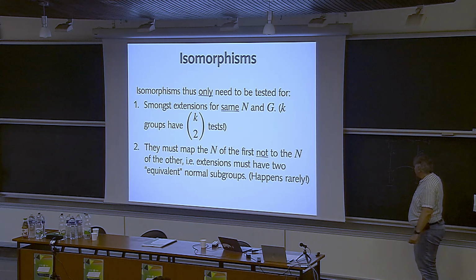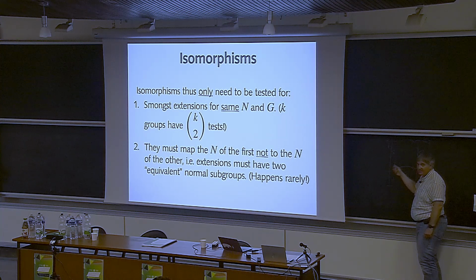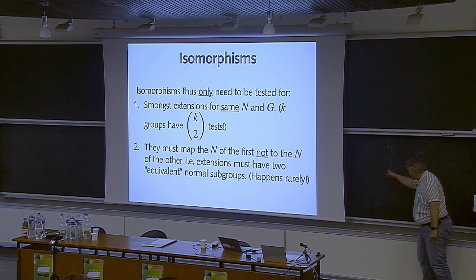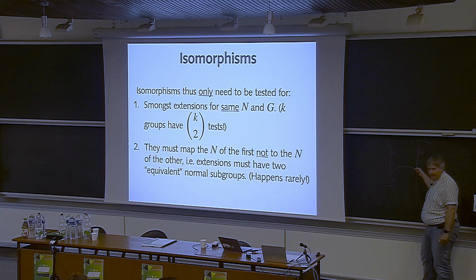So we only need to consider isomorphism among extensions which are constructed for the same G and the same N. And the compatible pairs took care of the situation where the isomorphism maps the N of the one to the N of the other.